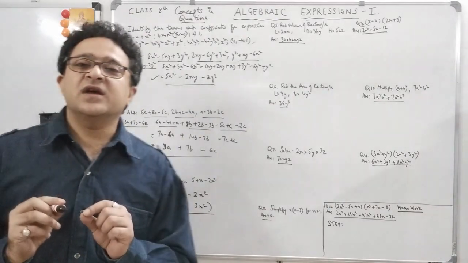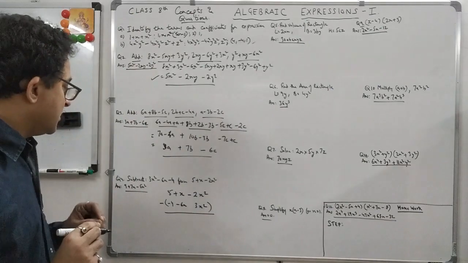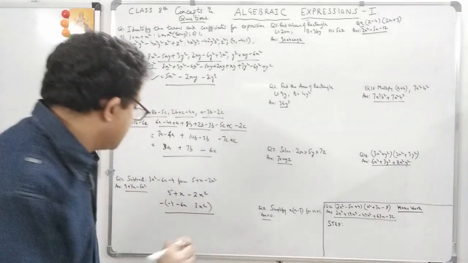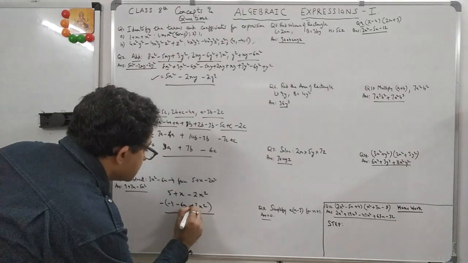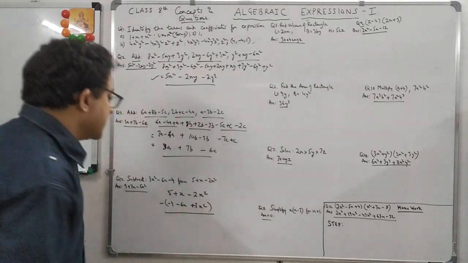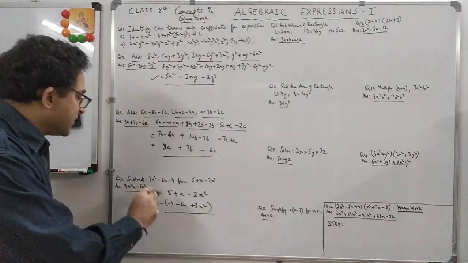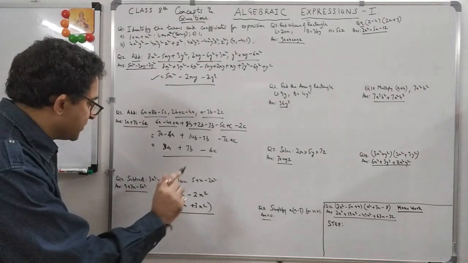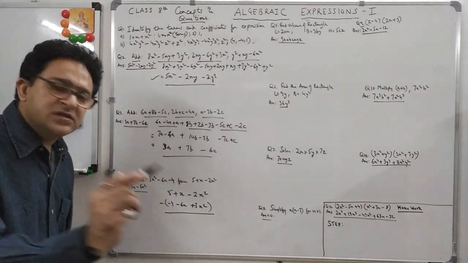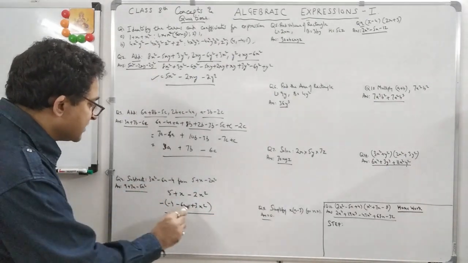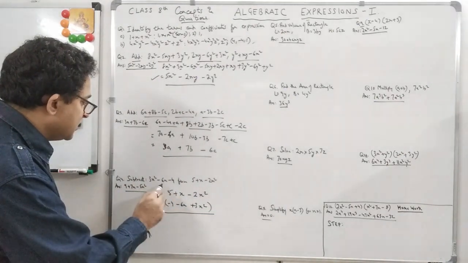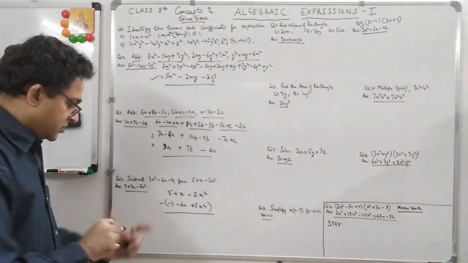Remember one thing in subtraction, a very basic rule. This is 3x square, you can write plus 3x square. Whenever you're doing subtraction, you just put a minus and then put a bracket and then put the same expression inside: 3x square, minus 6x and then minus 4.